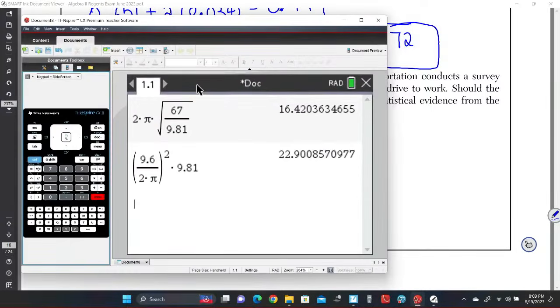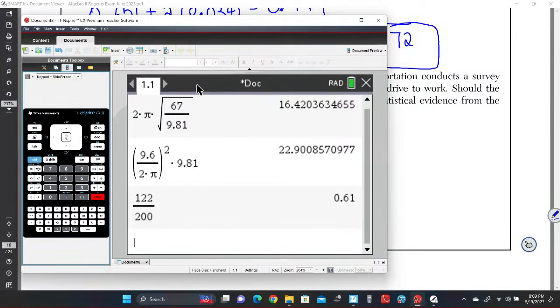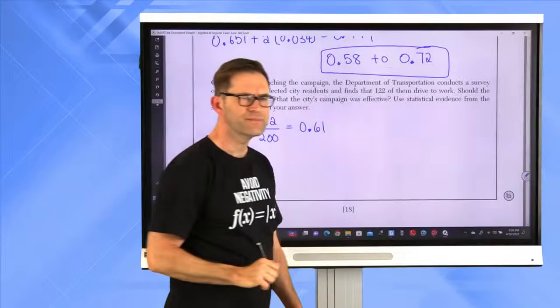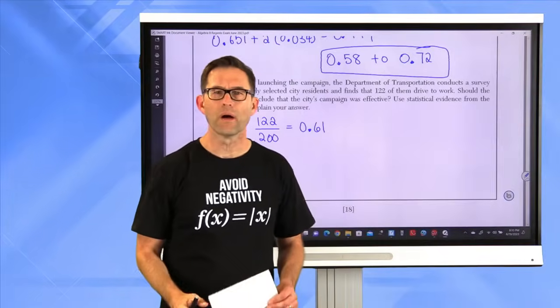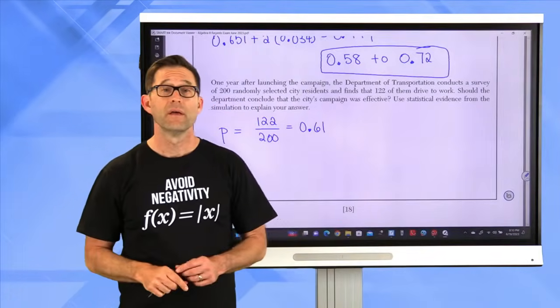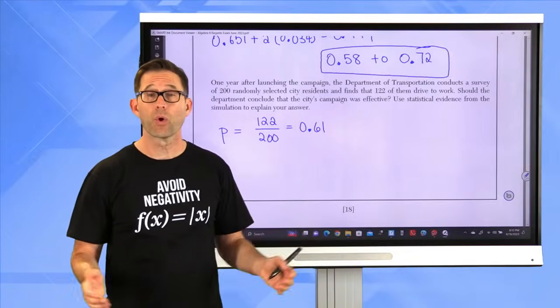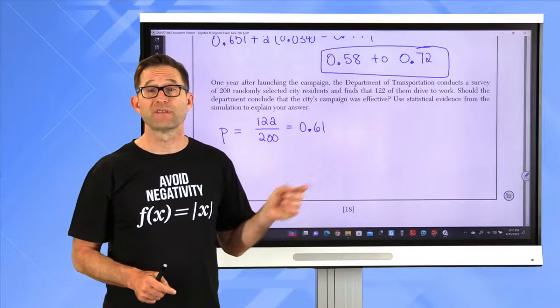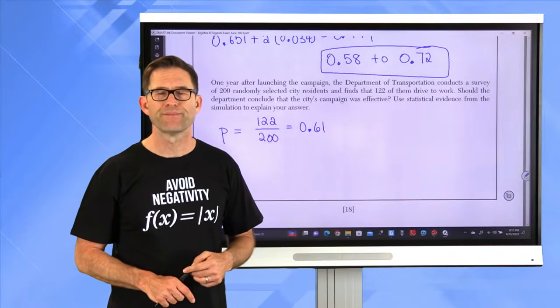So real quick, I'm just going to do 122 divided by 200, and that is 0.61. Now, you might say, well, originally it was 65% that were driving to work, but it looks like it must have been effective because now it's down to 61%.